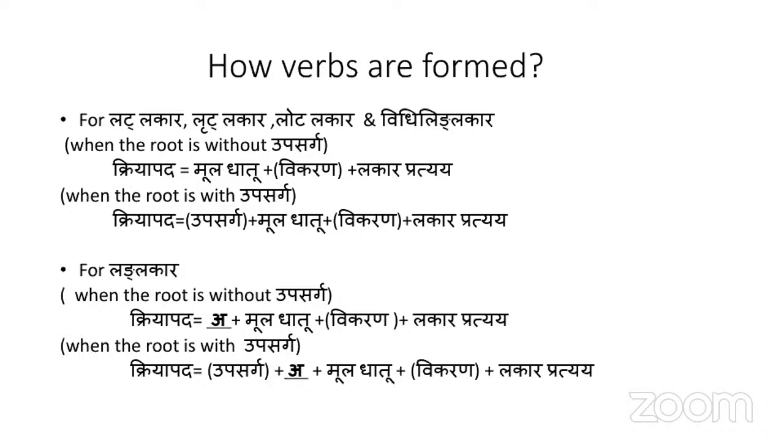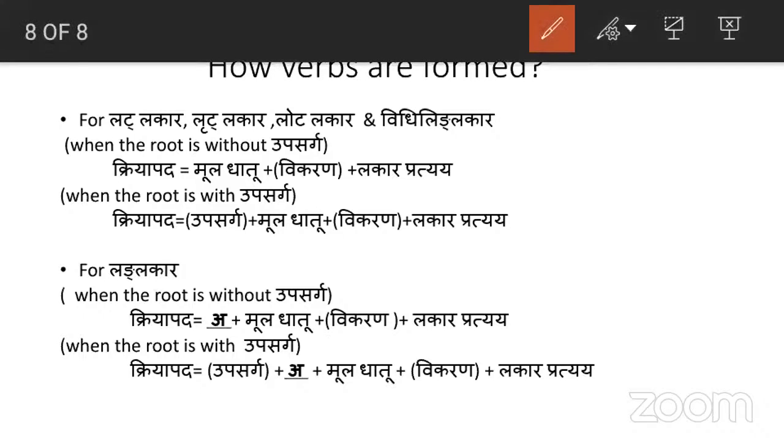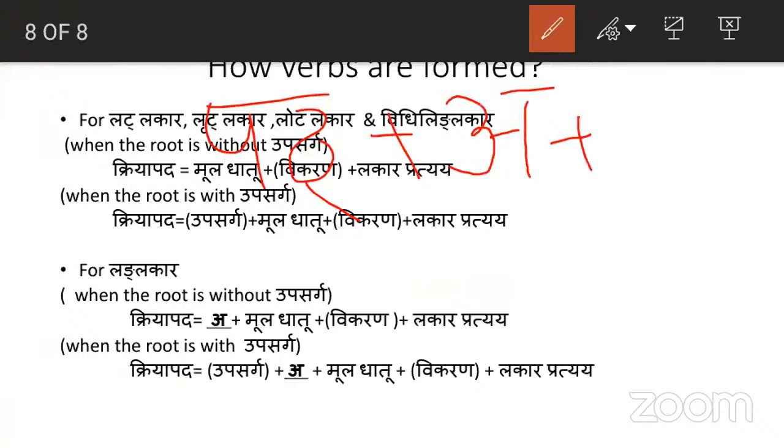Okay, see the example. Suppose patha is the example. So here mool dhatu is patha, tha halanta. Plus vikaran is a, as this is of class 1, right? And after that lakar. Suppose again it is the lat lakar pratham purush ekvachan pratyay. So patha tha halanta plus a plus t.